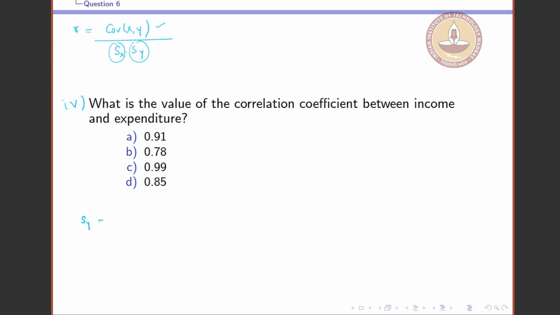S of y is the square root of the sum over yi minus y bar whole square, where i is varying from 1 to 7, divided by 7 minus 1. So first let's calculate the squared deviation of expenditure from the sample mean expenditure.